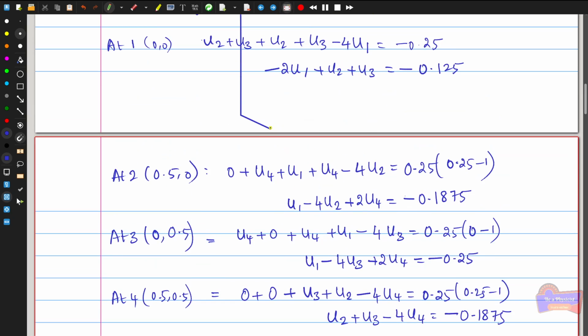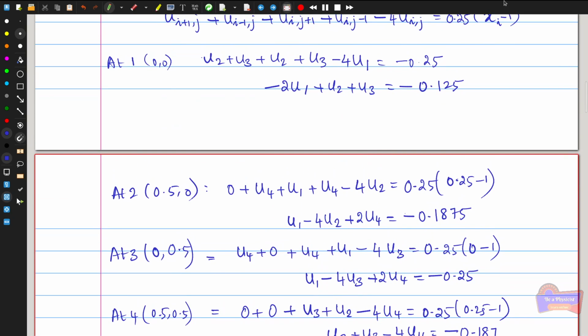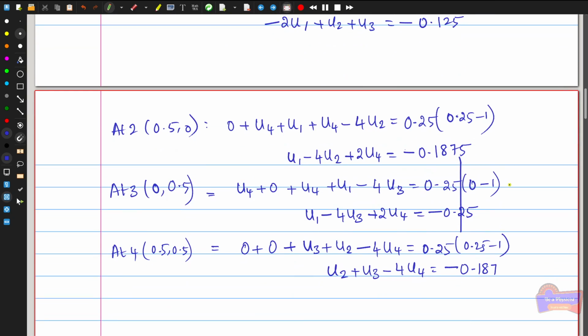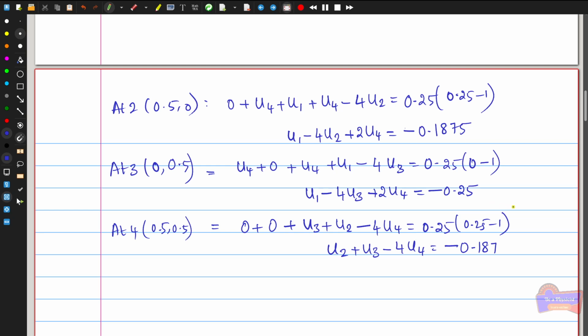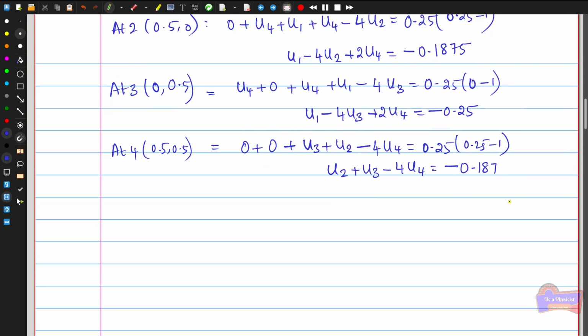Now we have the four algebraic equations, 1, 2, 3 and 4. Using these four algebraic equations, you can use the Gauss elimination method to solve them.